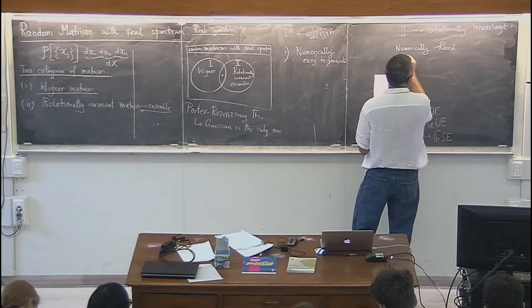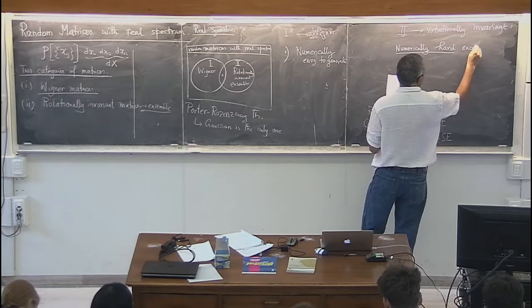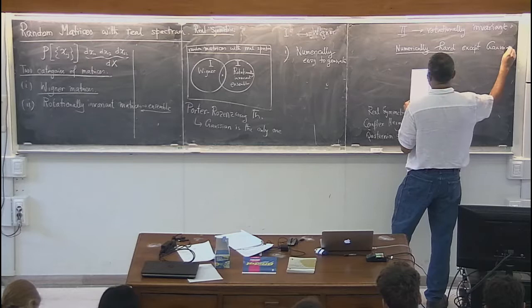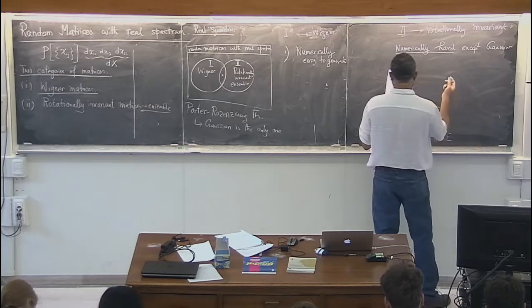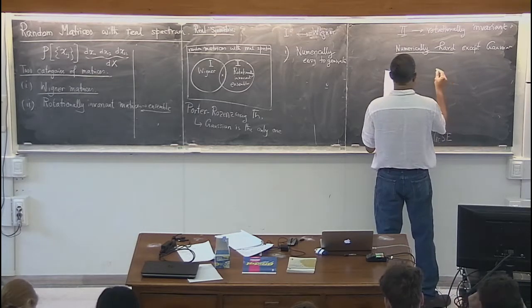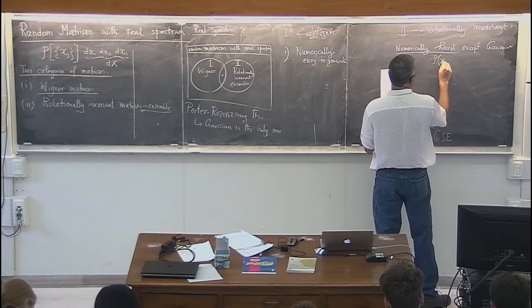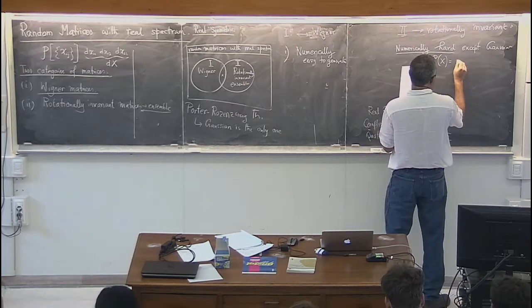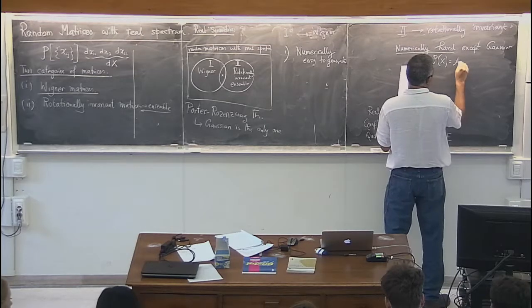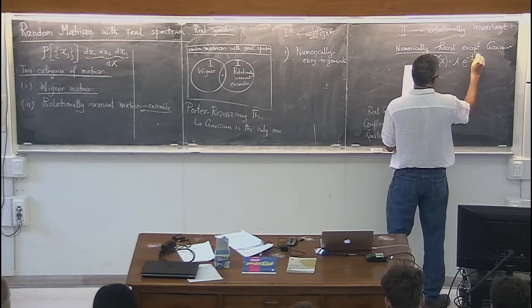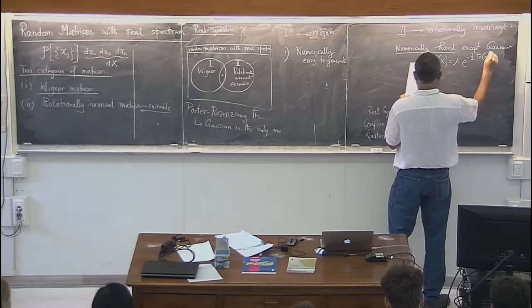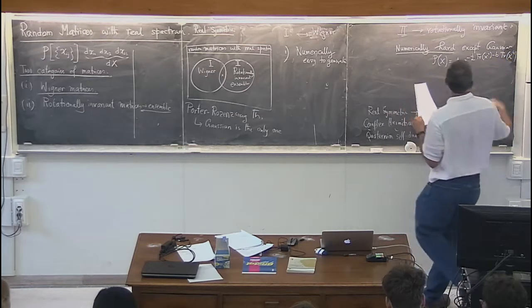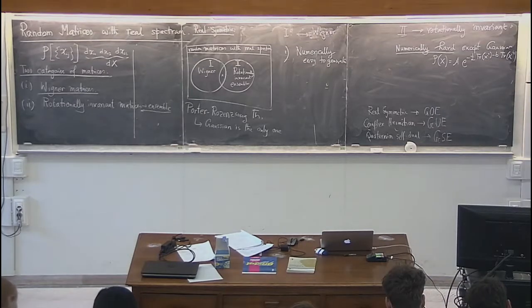For instance, suppose I want to generate P of x for a rotational invariant ensemble, which is, up to some normalization constant, exponential of minus half trace of x² minus b trace of x⁴. Suppose you want to study this matrix numerically.